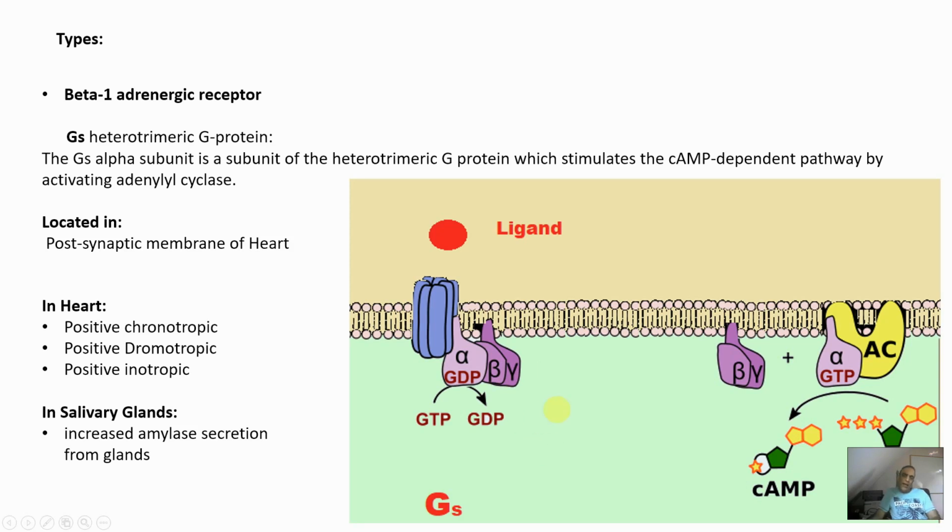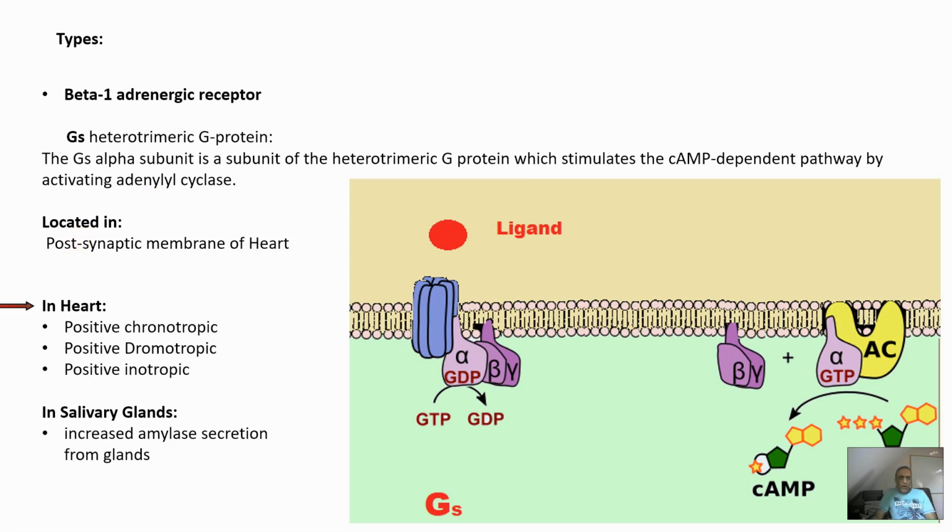The alpha subunit goes and binds to another enzyme called adenylyl cyclase and activates this enzyme. In this situation, ATP can be converted to cAMP, so we can say it stimulates the cAMP dependent pathway by activation of adenylyl cyclase, located in the postsynaptic membrane of the heart.